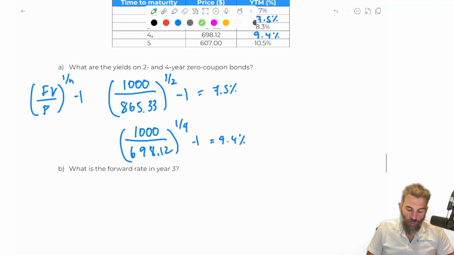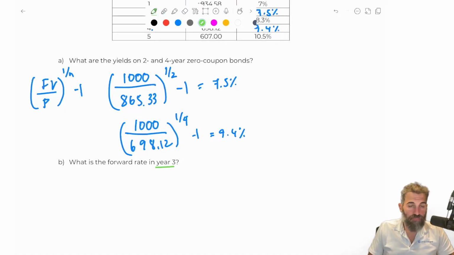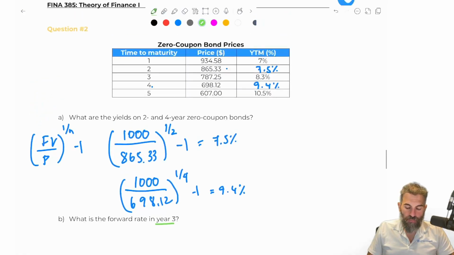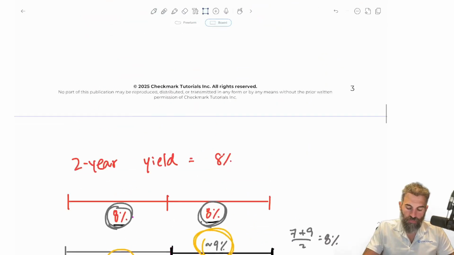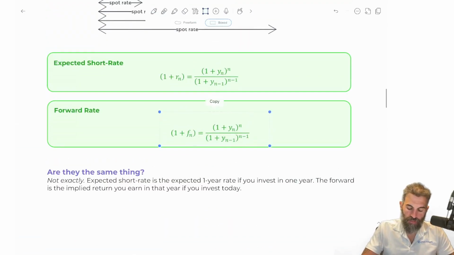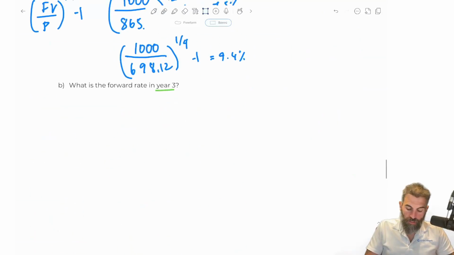Okay, what is the forward rate in year 3? So remember what that means. And you want to think about it this way. And the formula I'm going to use is this formula right here. So hopefully it starts to click.